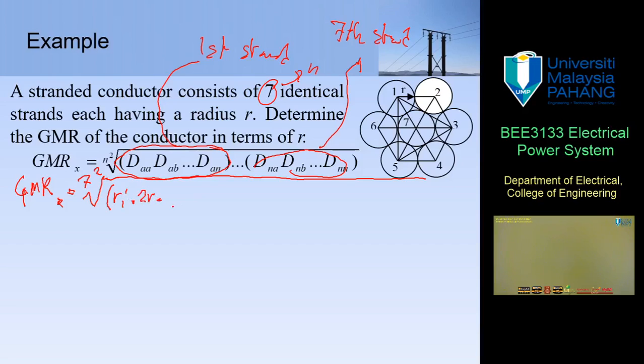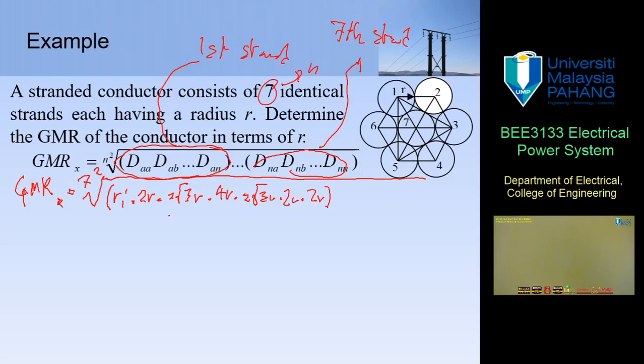Next is the D13, which we calculated also as 2 root 3R. Then we have the D14, which is 4R. Then D15 brings you the value of 2 root 3R. Then we have the D16, which is 2R, and the D17 also 2R.